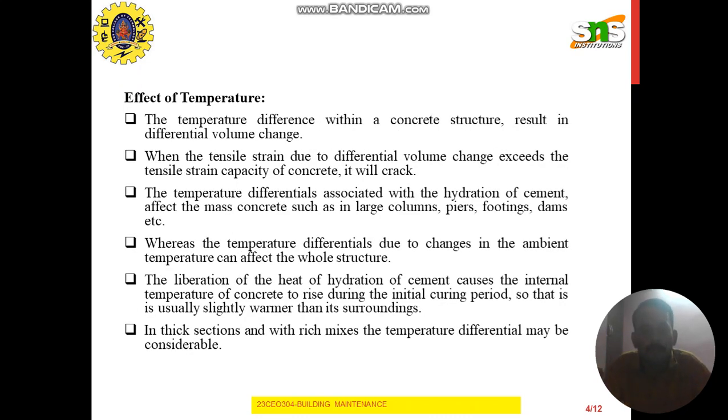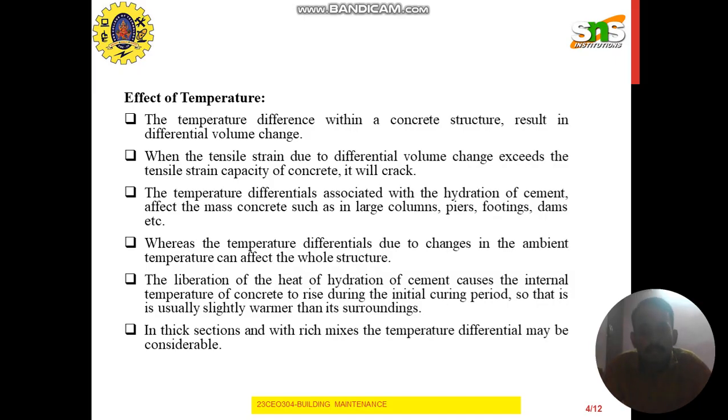And next is the effect of temperature on concrete. Due to variations or fluctuations in temperature, it results in differential volume change of concrete. That is continuous contraction and expansion of concrete due to varied climate and temperature.